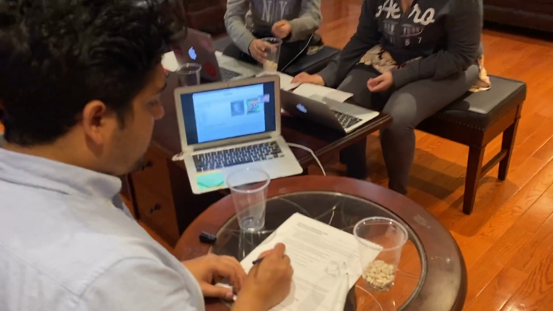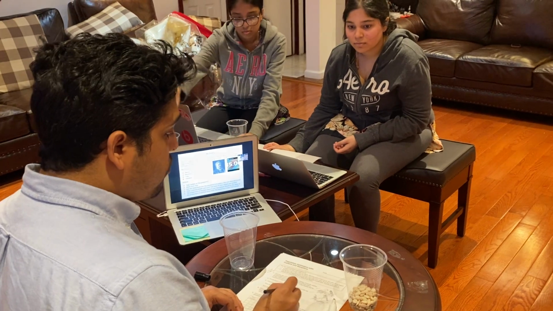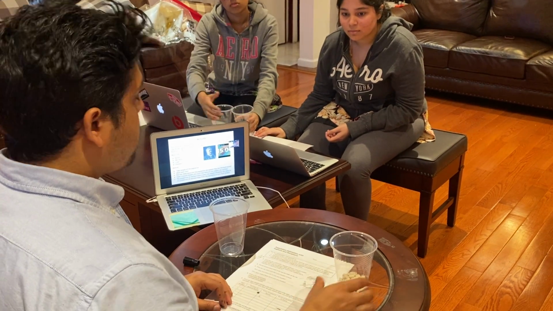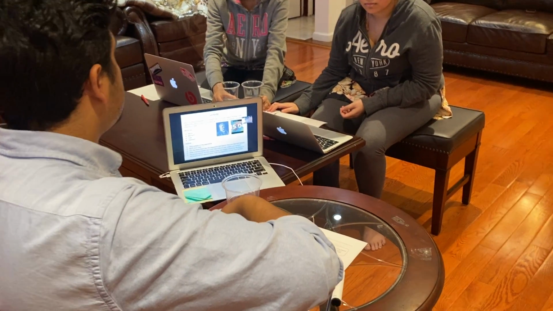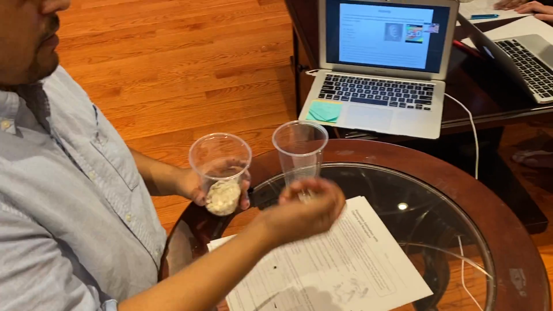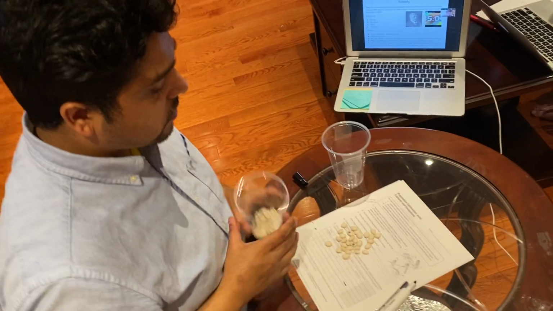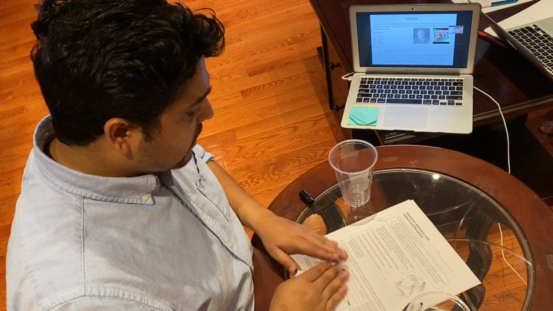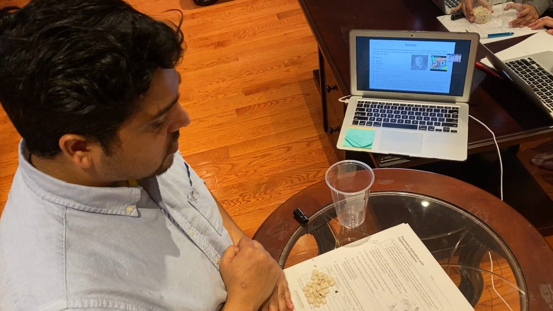It says, from the cup recapture a new handful of beans. So now I'm going to again put my hands in the beans and capture a couple of new ones. A handful, so I have a good number. And then it says, how many total beans are in your handful?